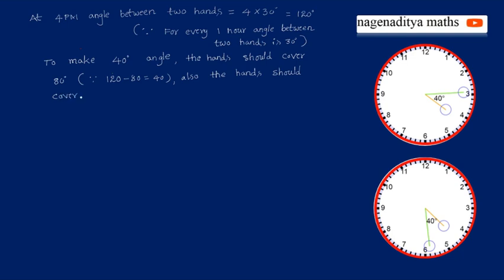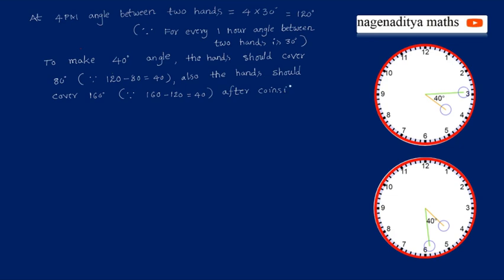At 160 degrees the hands also make an angle of 40 degrees, since 160 minus 120 is 40 degrees. So to make the angle 40 degrees, we have two cases. The first case is the two hands must cover 80 degrees, and the second case is they must cover 160 degrees.